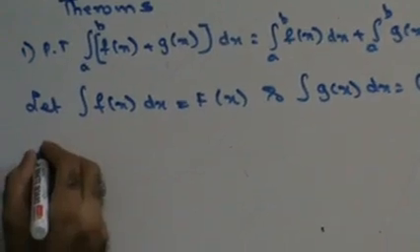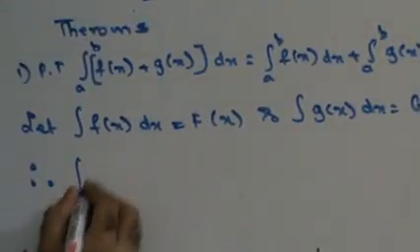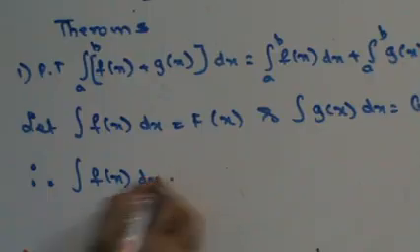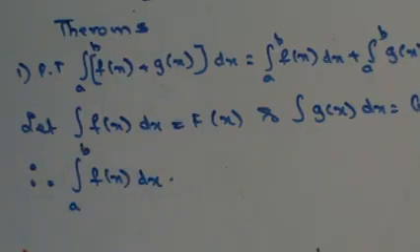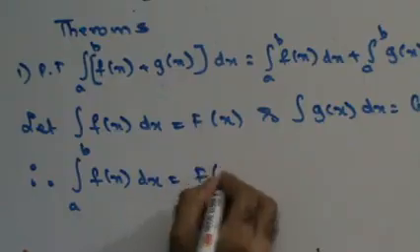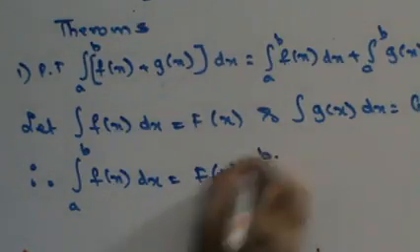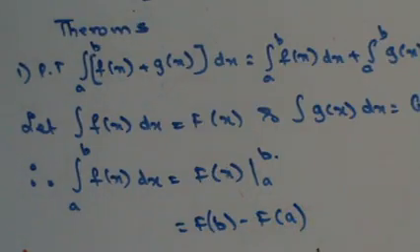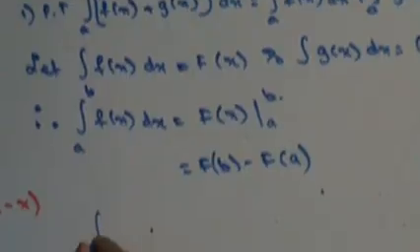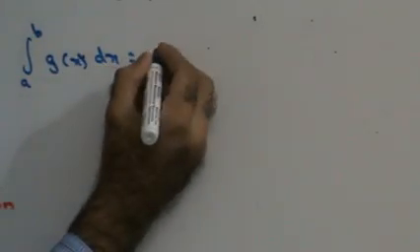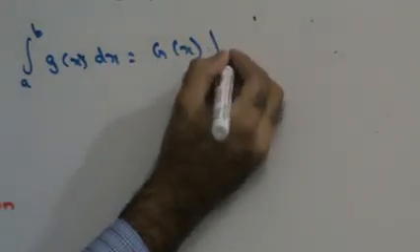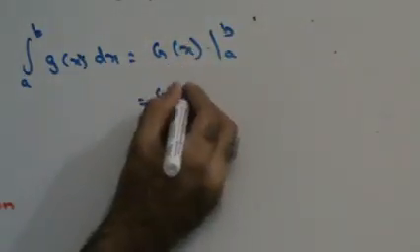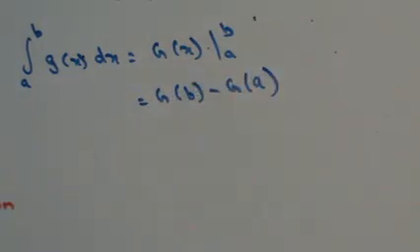Now in that case I can therefore say that the integral of f of x dx from a to b is going to be nothing but F of x from a to b, which will be nothing but F of b minus F of a. Similarly, I can say that the integral from a to b of g of x dx will be nothing but G of x from a to b, which will be nothing but G of b minus G of a, right?